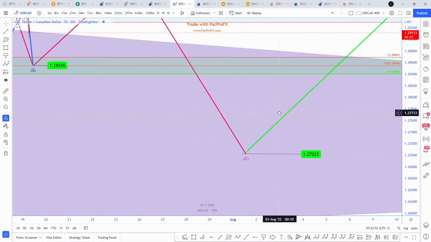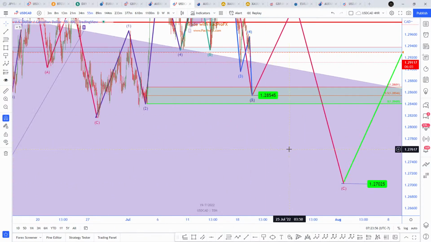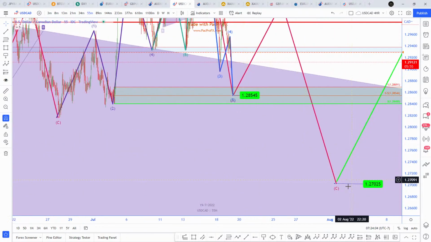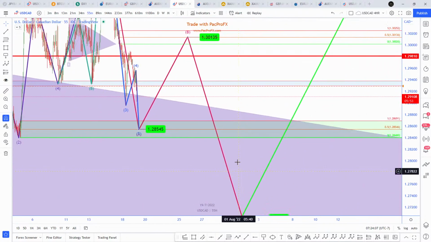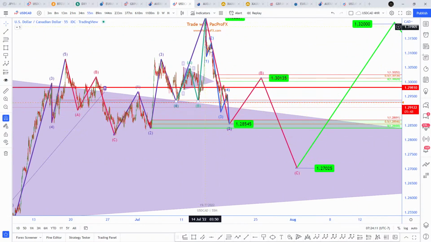So I have this as a target down here. That target still stands. Might be a little lower, but give you a little buffer. So it looks like it will pull up. This is wave A, it's pull up and then go down to wave C. So that's what we're looking at.